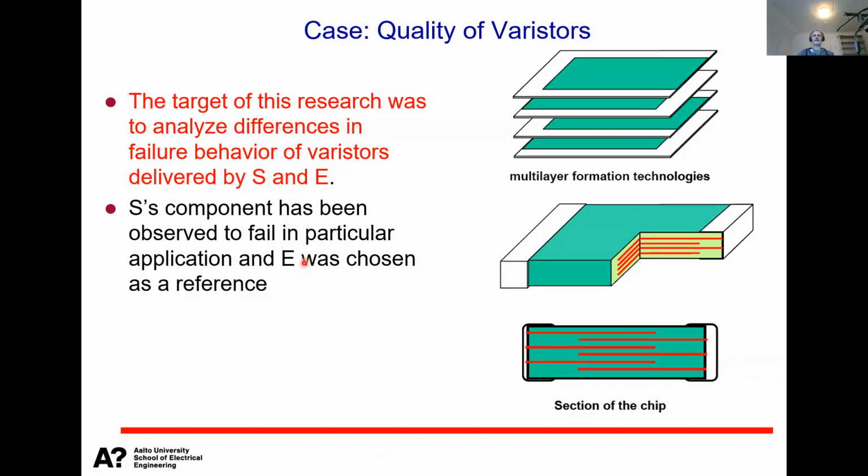This varistor was very close to the power inlet. If I remember correctly, it was just standard 240 volts put inside that board. And then they were having some problems.